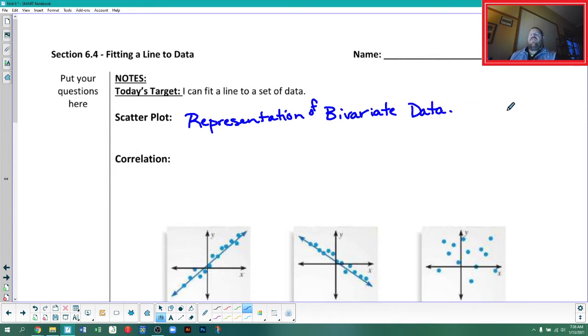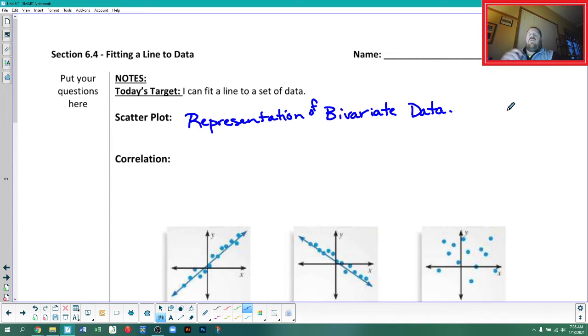So in order to use something like test scores, we would have to be able to compare, say, the scores that a group of students got on a test after studying for different amounts of time. So you're comparing the time that they studied to their test score.